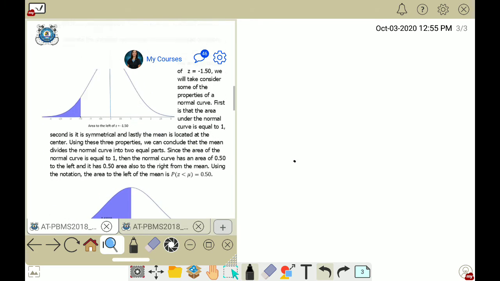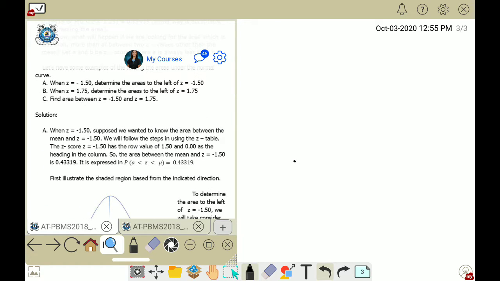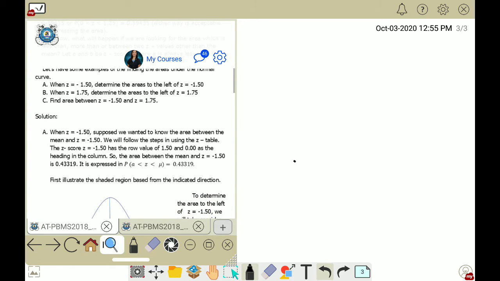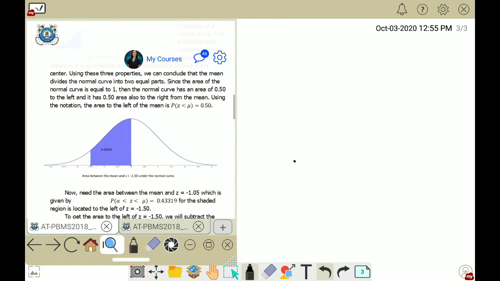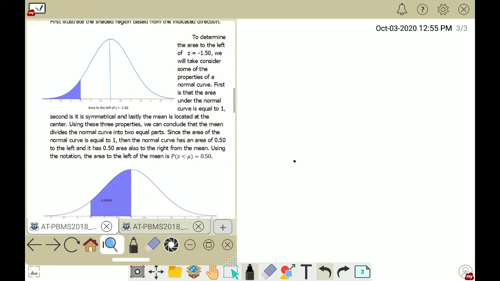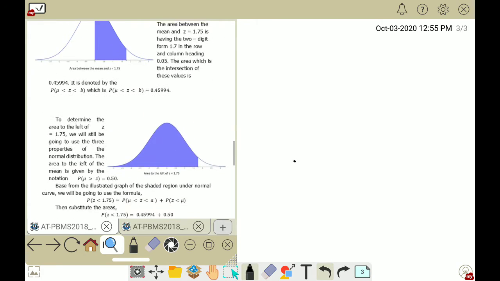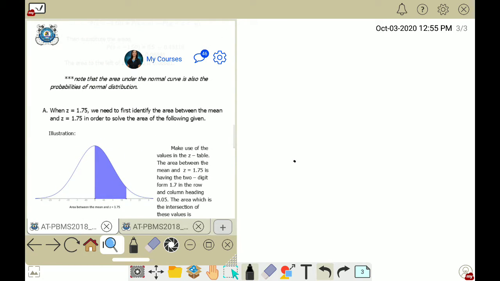How about determining the area to the left of 1.75. So as you can see, here is the process for that one. And then to the left of Z is 1.75. So our given here already is Z is equal to 1.75.